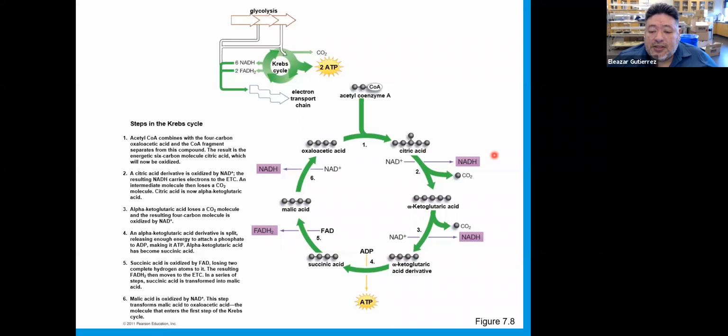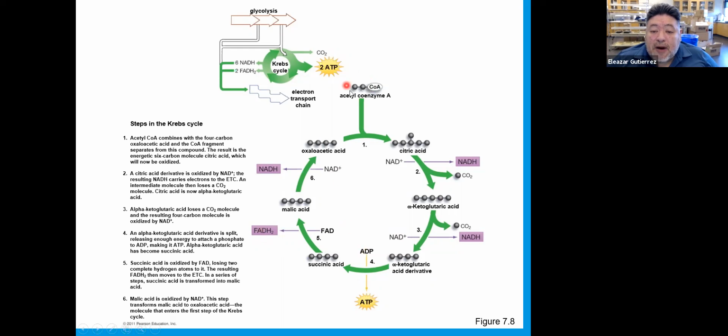The big points. Here's the big points. 1, 2, 3 NADHs. Why do we care? High energy electrons. 1 FADH. Why do we care? High energy electrons. And 1 ATP. Why do we care? That's what we're trying to make, is ATP.